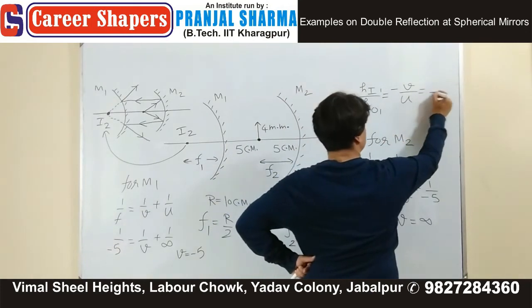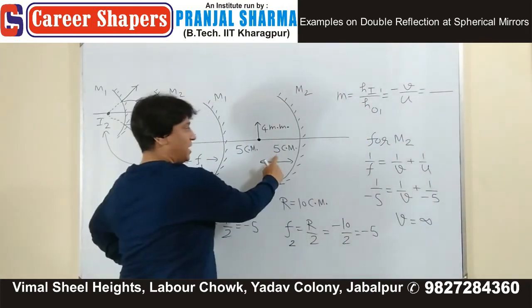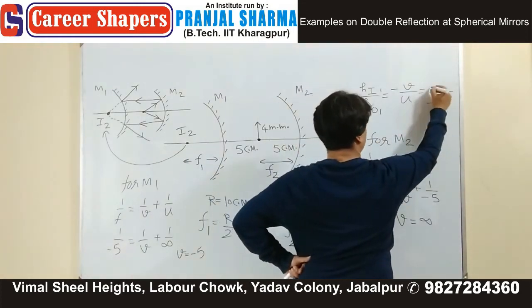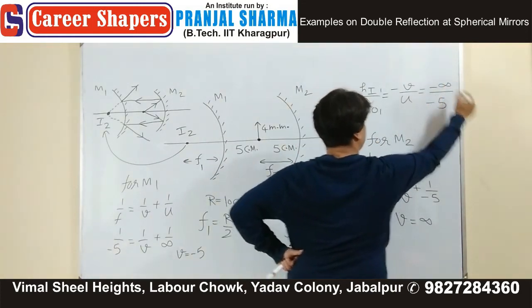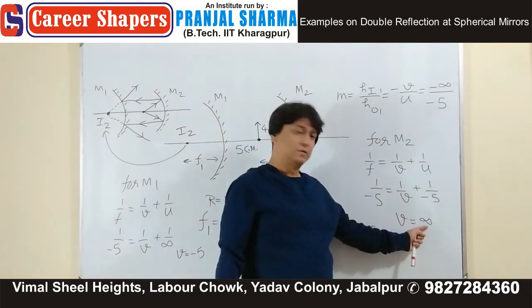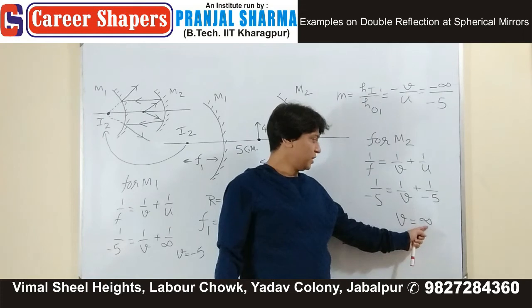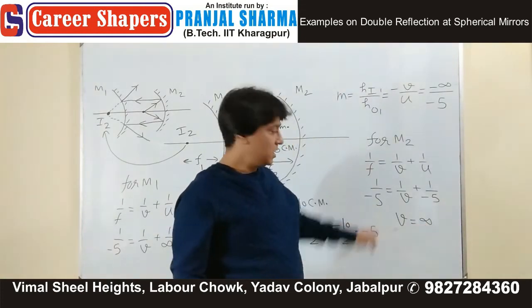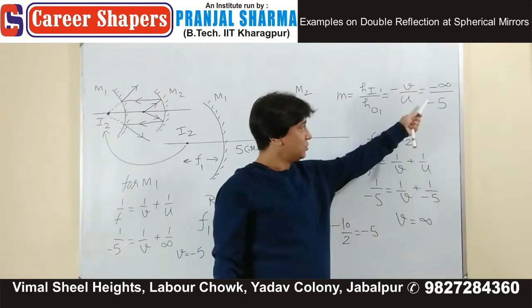What is U? 5 to the left. What is V? Infinity. V is coming infinity. Let's remove this part. V infinity I have used over here.